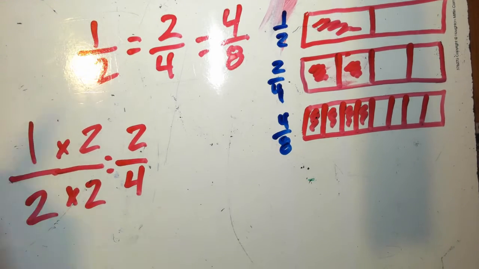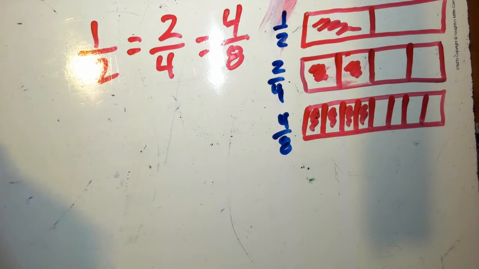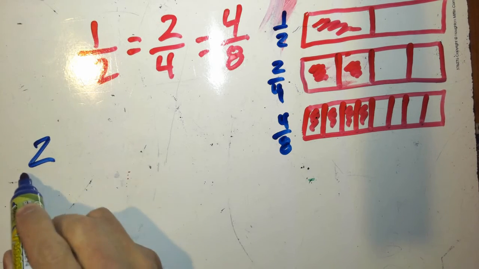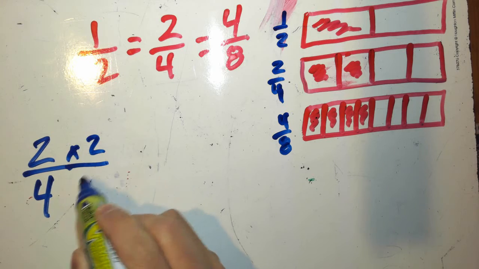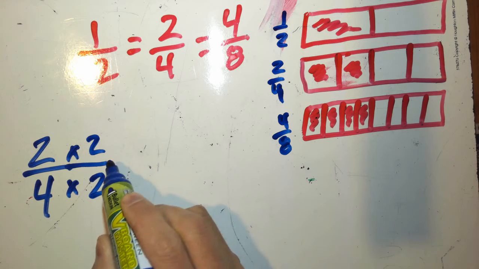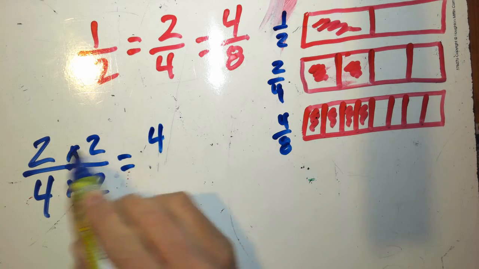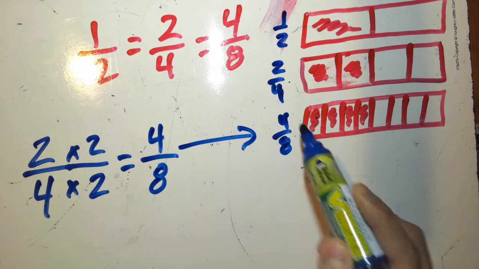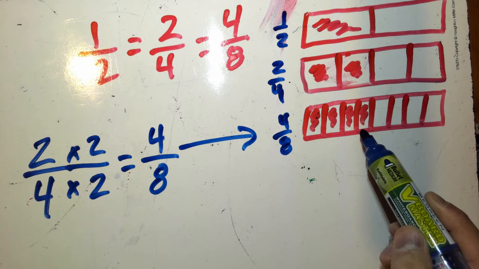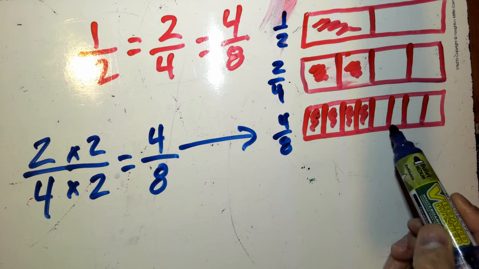So we can then do that again with the 2/4. If we were to multiply the top by 2, we have to multiply the bottom by 2, and that gives us 2 times 2 is 4, and 4 times 2 is 8. And again, it shows you exactly what's happening here in a different visual way.